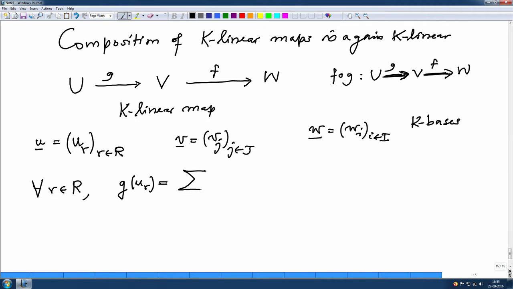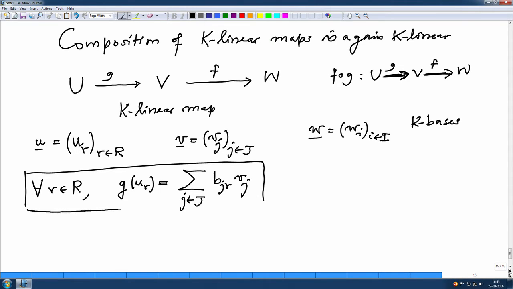I will write it with B's. Remember, this r is the second index and the j is the first index. So this is the sum over j of Bjr Vj. Clear? This is how G is uniquely determined by these equations.